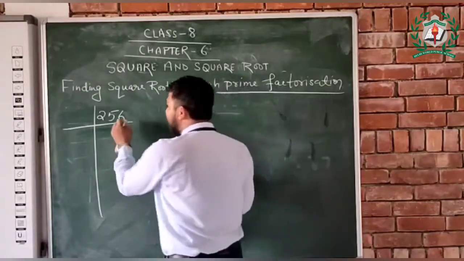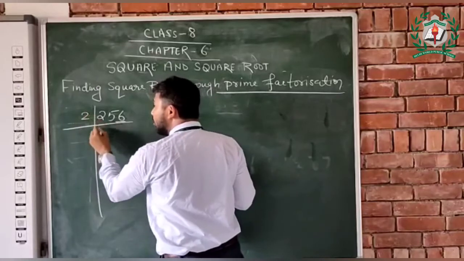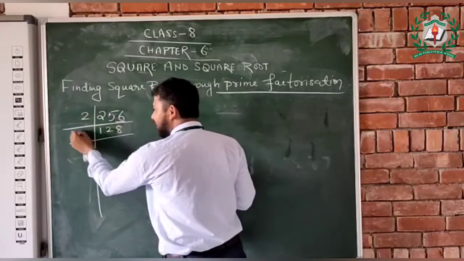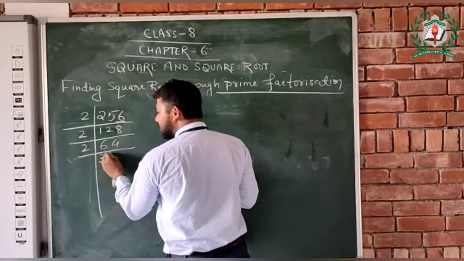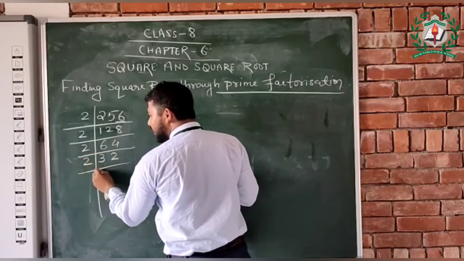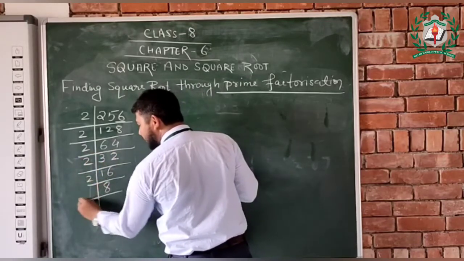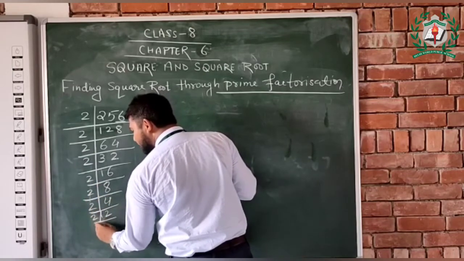Here is a 6. 6 is an even number, so we'll start from the 2. 2 1s are 2, 2 2s are 4, 2 8s are 16, 2 6s are 12, 2 4s are 8, 2 3s are 6, 2 2s are 4, 2 1s are 2.